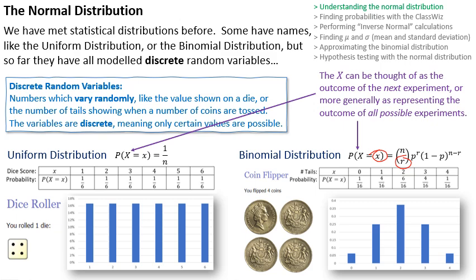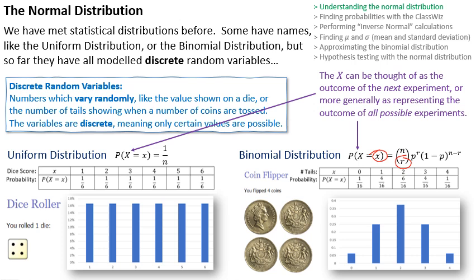We can also generalize and say what's the probability that it's less than or equal to a certain number. If I toss a coin 50 times, what's the chance that I'll get between 20 and 40 tails, for instance? We can put bounds on it and talk about a range of possible values. And we'll do a similar thing when we get to the normal distribution in a moment.